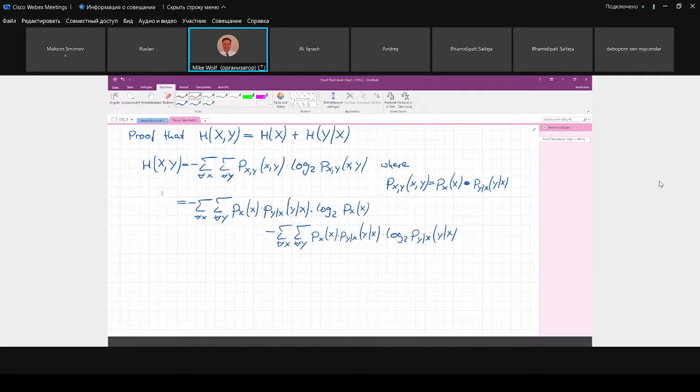In this first sum, this only depends on x, not on y. So I shift this to this point, and I also shift this to this point. Let's start with this first equation. I write it is equal to minus sum over x, p of x times log 2 p of x, times the sum of all y, p of y given x.